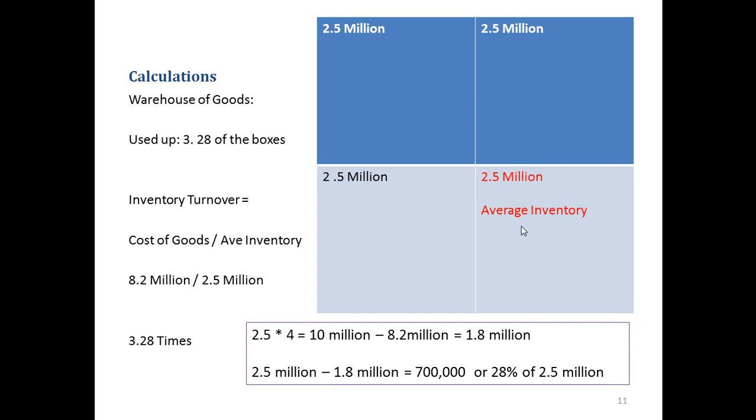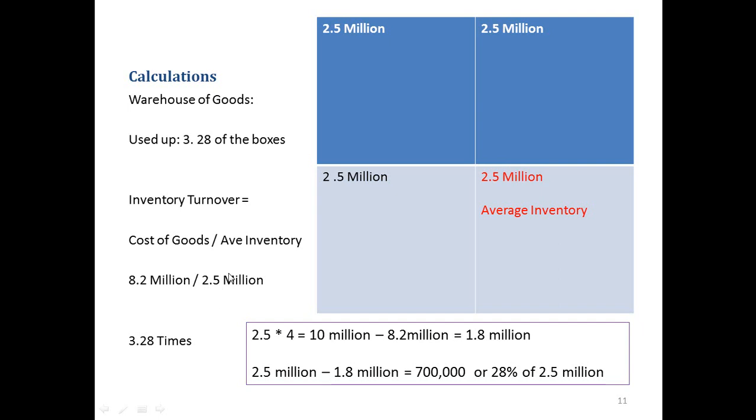So if we want to come up with the inventory turnover, remember it's cost of goods over the average inventory. This number is from this slide: 8.2 million over, what's the average inventory?